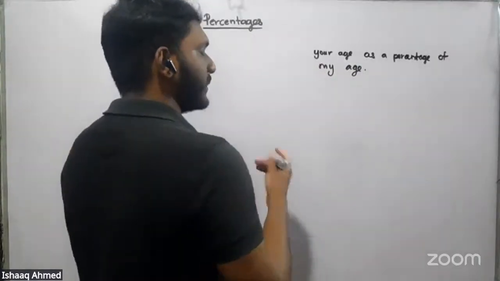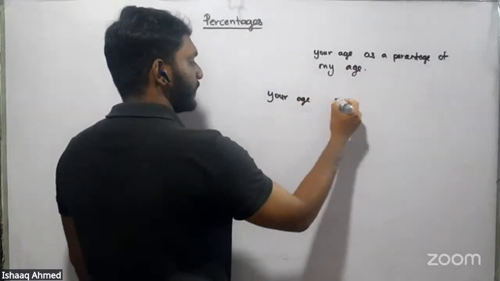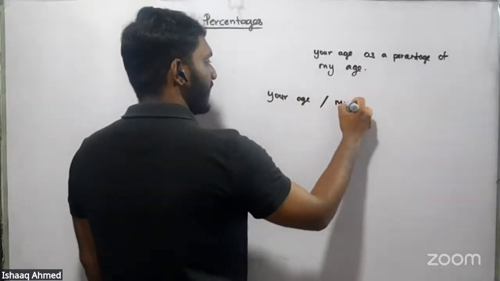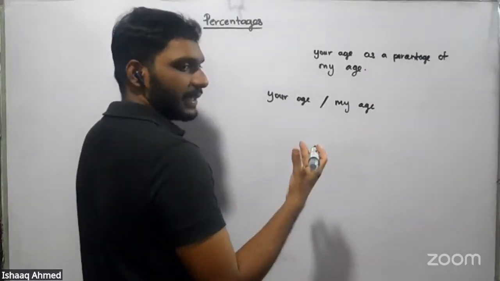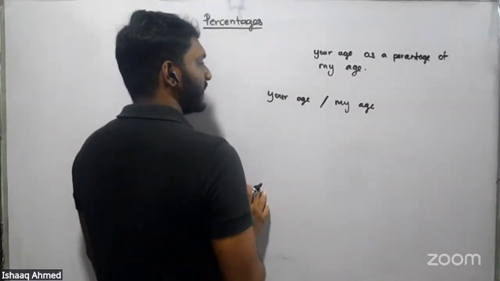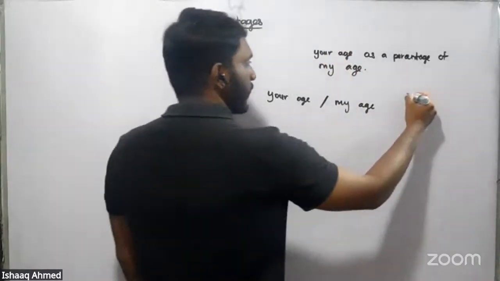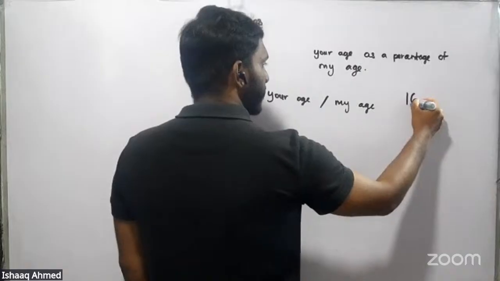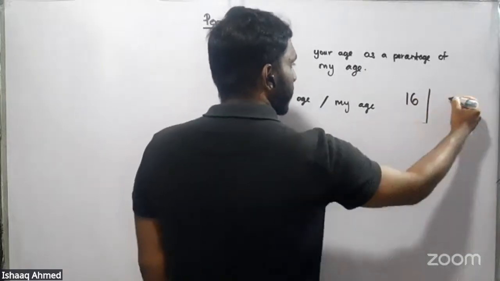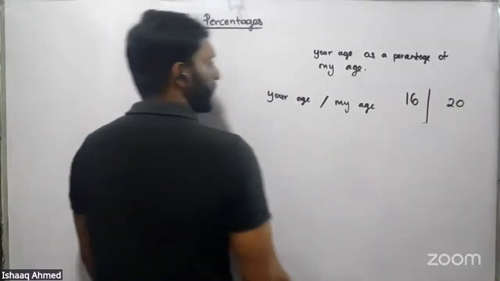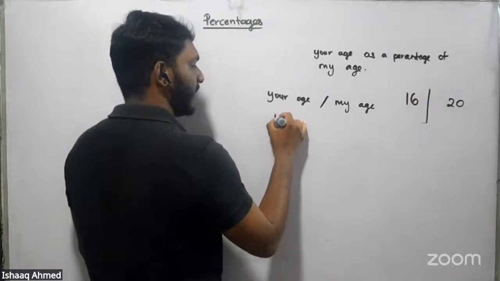So your age can be expressed as a percentage of my age. Likewise, anything can be expressed as a percentage of anything else. So how to do this? Your age is 16. My age is, whether you believe it or not, 20. So how to express your age as a percentage of my age?